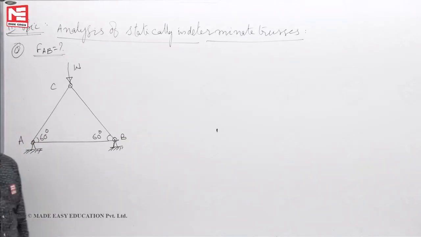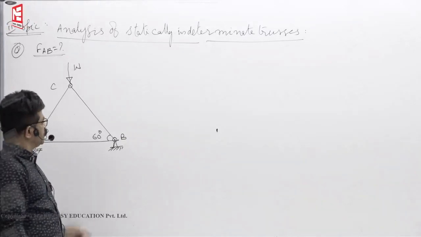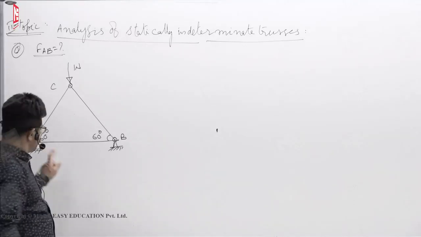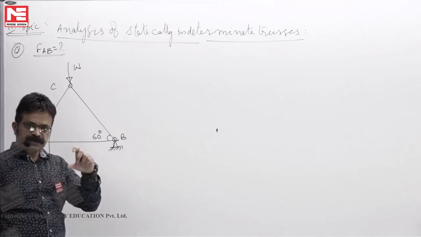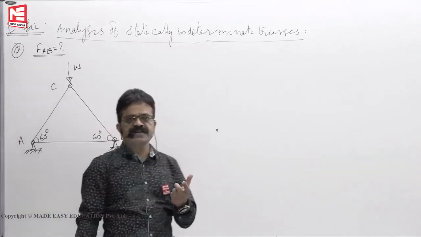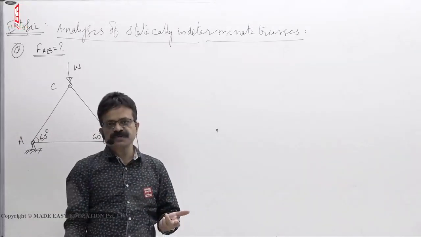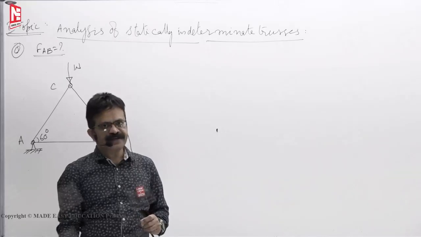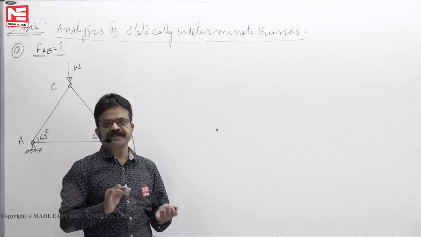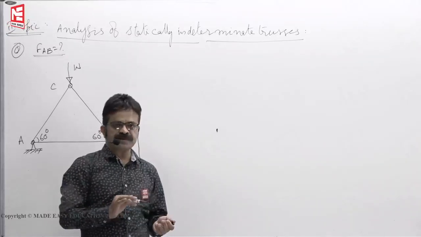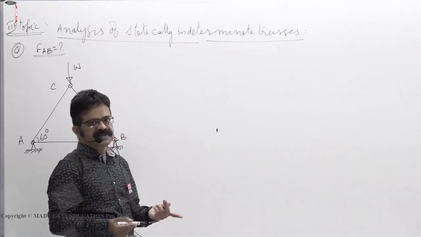Here we want to find the force in the member AB. To find the force in member AB, we must know the structural behavior of the hinge supports, how the hinges offer resistance to the applied loads. Though you have learned in strength of materials about the behavior of hinge support, roller support, fixed support, I'll briefly review what you have studied.